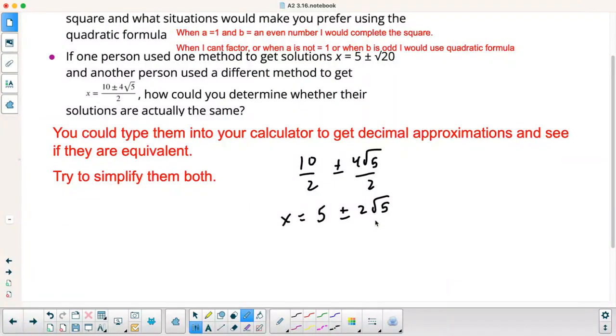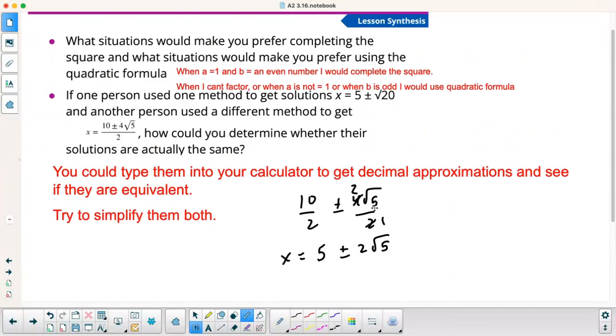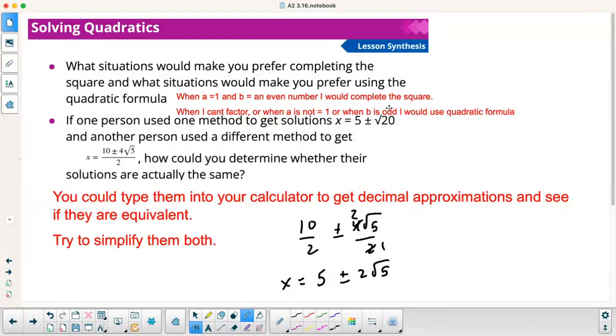This would be, yeah, because these cancel, sorry. Okay. So then when I go over here, I can see 20 is not fully simplified because it's 4 times 5. Square root the 4, put it on the outside after you take the square root. And now we see that they match up. So your answer would be yes.